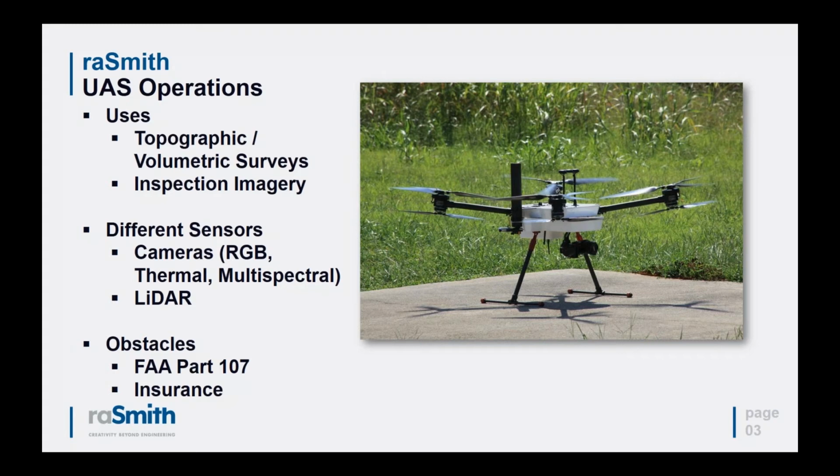Some obstacles that I just wanted to really briefly touch on would be your FAA certification. About 2 years ago now, the FAA rolled out their Part 107, which is an unmanned aerial systems certification that is necessary to fly commercially here in the U.S., unless you have a sports pilot's license or better in terms of a manned aircraft license.